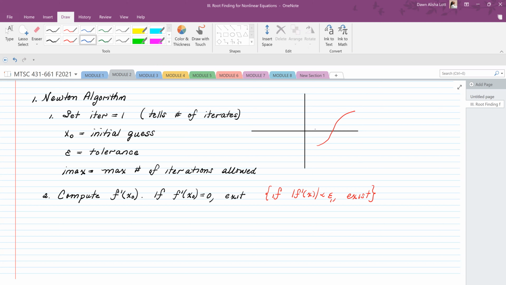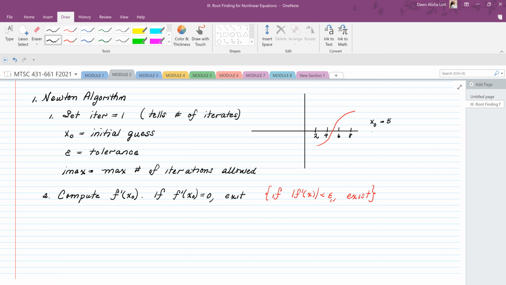And then this is 2, and this is 4, and this is 6, and this is 8. We might guess our root x0 to be 5. We don't know exactly what it is, but we know it's between 4 and 6, so I would guess 5. Okay, so we would give it an initial guess.